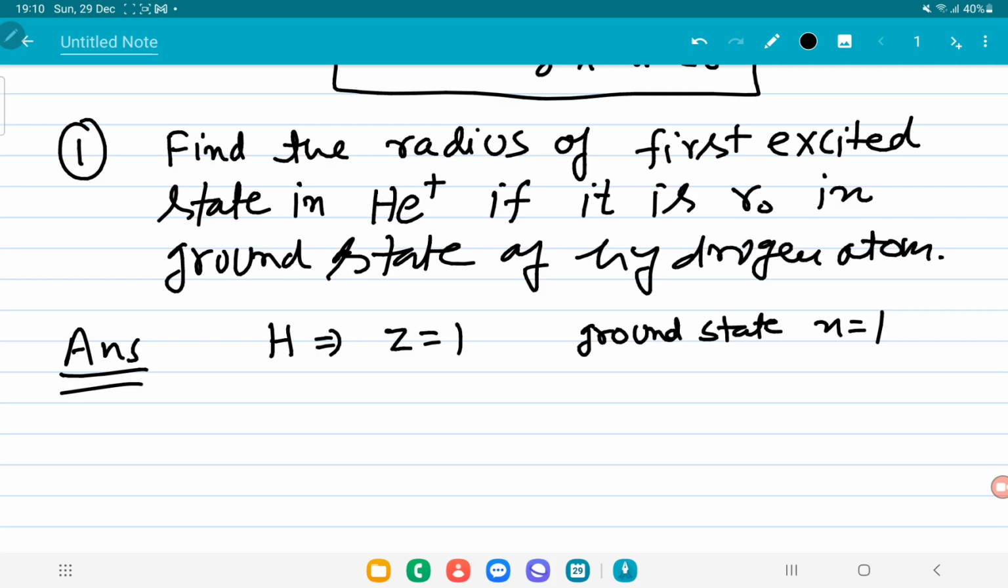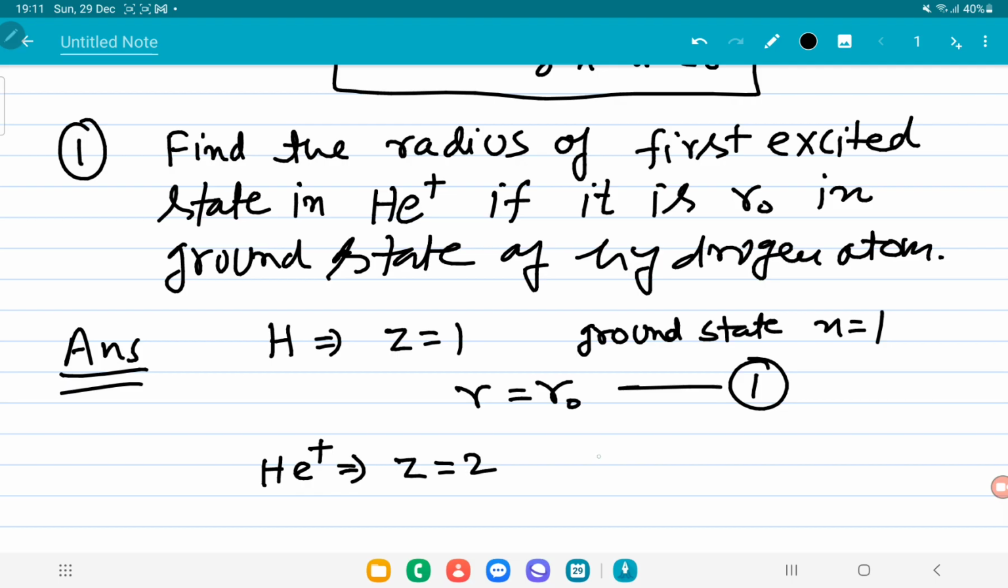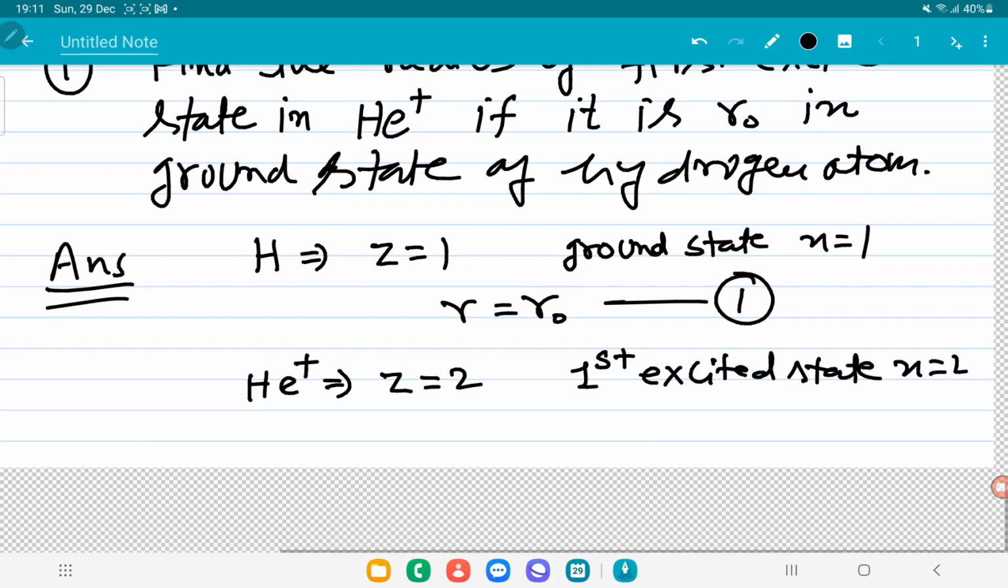And for these, radius is R naught. Now for helium plus, we are talking about first excited state. So for helium plus Z is equal to 2, and for first excited state n equals 2.